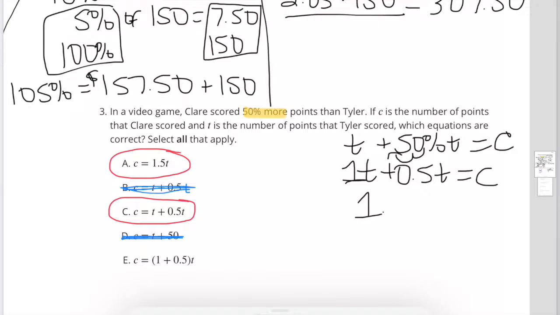And then this is also the same thing. So 1 plus 0.5 times T. Well, 1 plus 0.5 is 1.5 times T. So E would also be correct. So we have A, C, and E. Okay, so now you will work on your Khan Academy assignment.